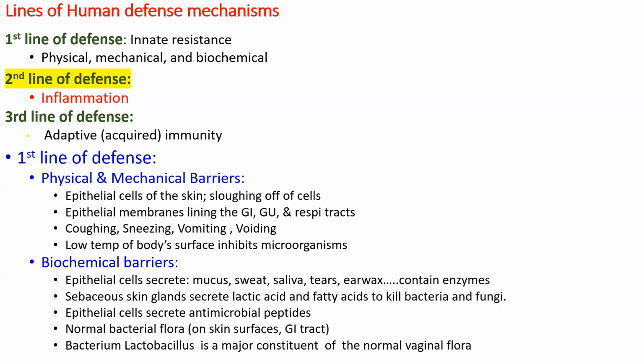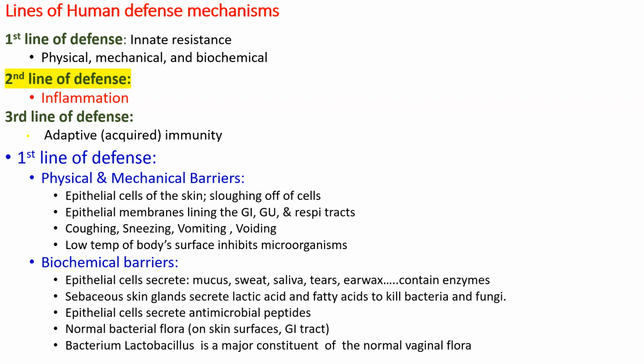Physical barriers include the epithelial cells of the skin, sloughing off of cells, epithelial membranes lining the GI, genitourinary and respiratory systems, coughing, sneezing, vomiting, and voiding. All of these are physical and mechanical barriers which constitute the first line of defense mechanisms.